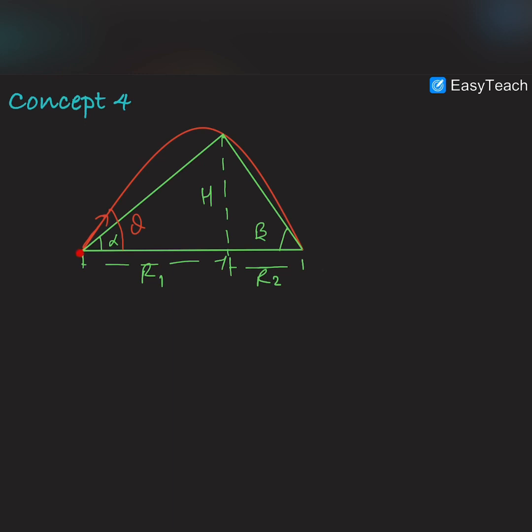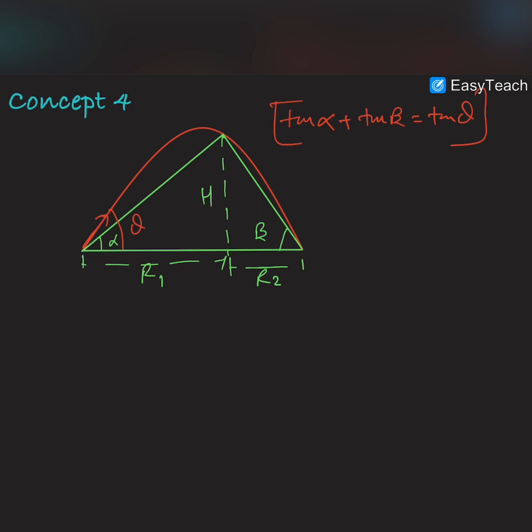So this projectile will just touch this tip of the wedge, the highest point of the wedge, and land at this point if tan alpha plus tan beta is equal to tan theta, which is the angle of projection. Tan alpha is this angle, tan beta is this angle, and tan theta is the angle of projection.